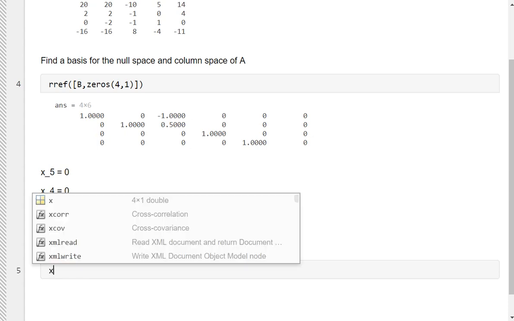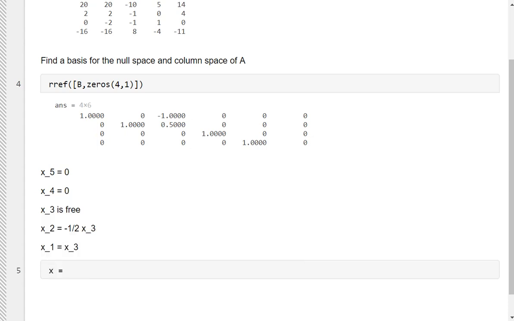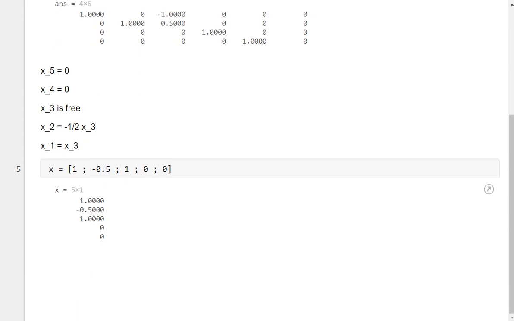So my vector x has to be of the form 1, minus 0.5, 1, 0, and 0. I'll just use 0.5 there. I just make sure that the vector I choose has all of these properties.